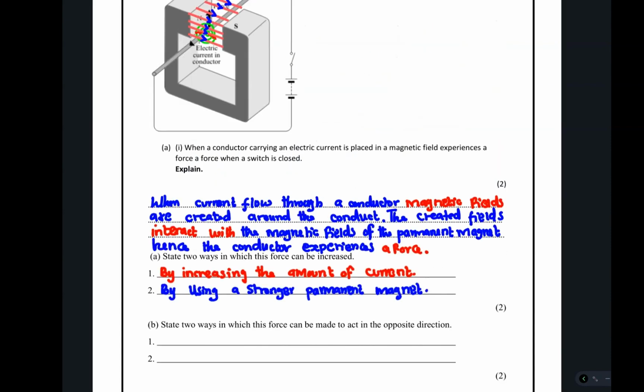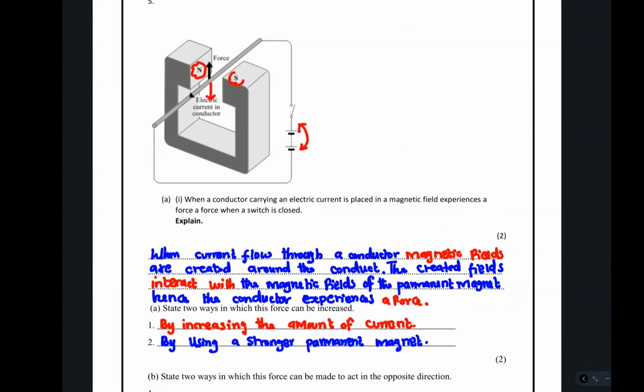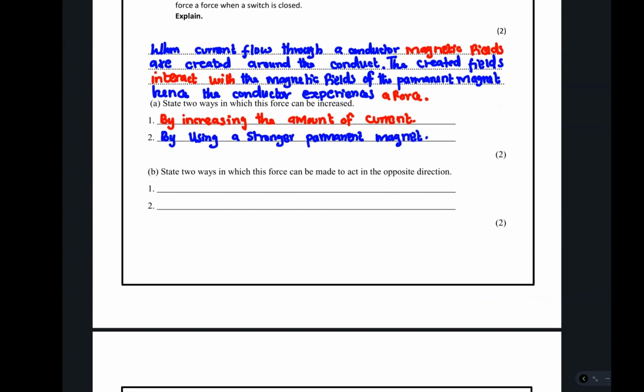Next, we're supposed to state two ways in which this force can be made to act in the opposite direction. One way is to reverse the polarity, reversing the poles of the magnet, and also you can reverse the direction of current in order to change the direction of motion of the force.